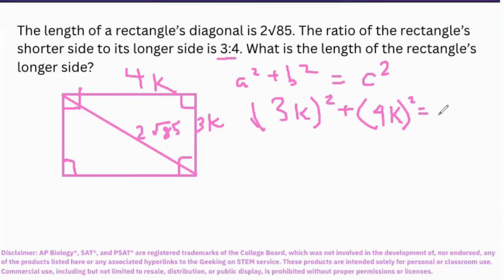I'm going to simplify this because we are also told what the diagonal is, which is 2 root 85.